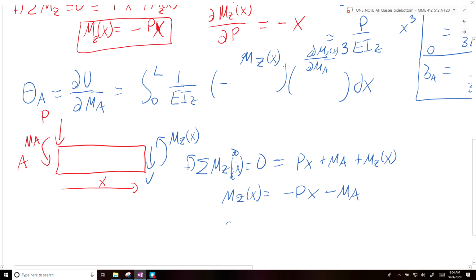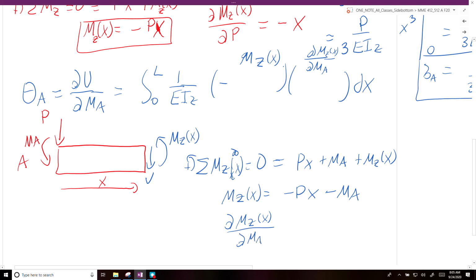And then the derivative of Mz of x with respect to MA is going to be equal to just -1.